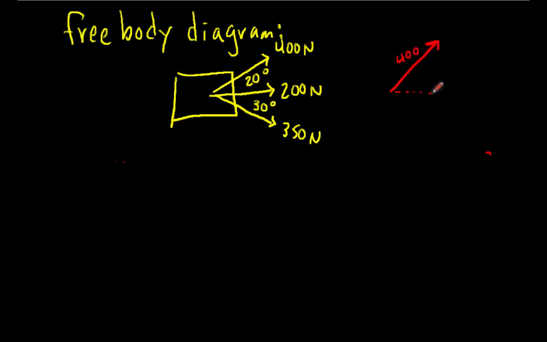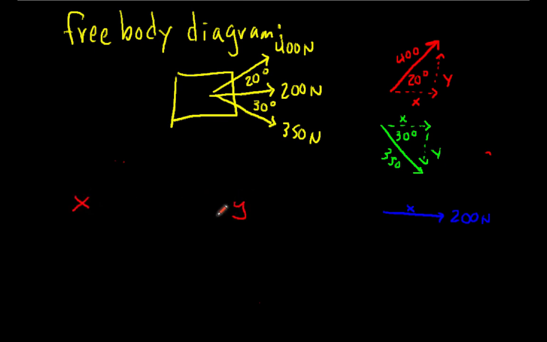Our 400 Newton vector has 2 components, the X component and the Y component, at an angle of 20 degrees. The 350 Newton vector has an X component and a Y component at an angle of 30 degrees south of east. We have a third vector as well. This is our 200 Newton vector, and since it's directly east, it's only an X component. Our XY table contains all the X components and all the Y components.